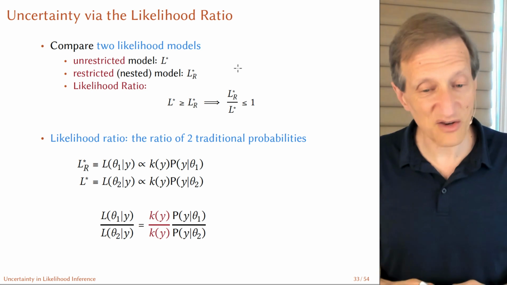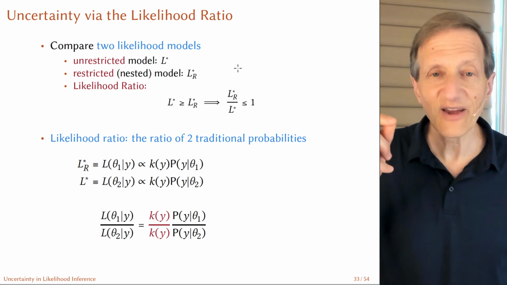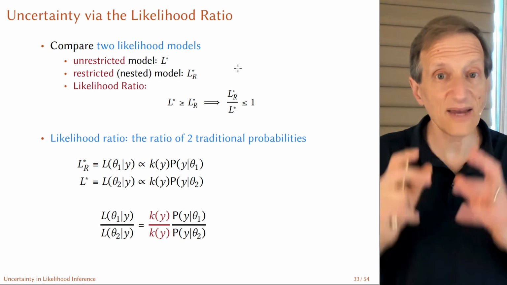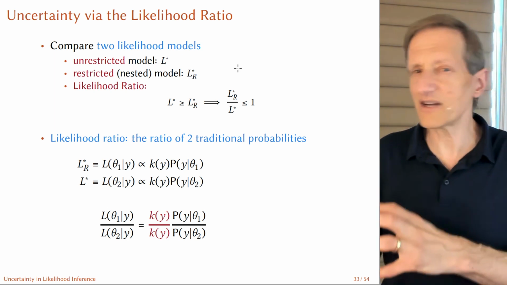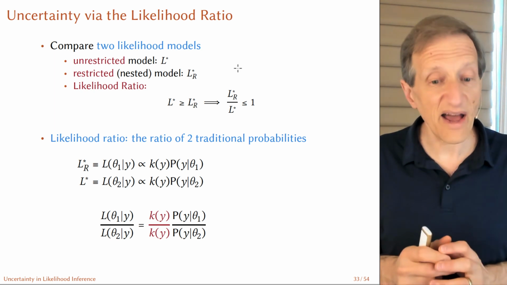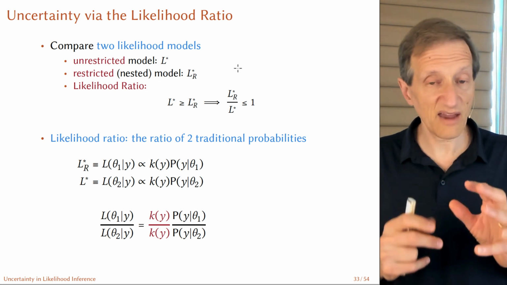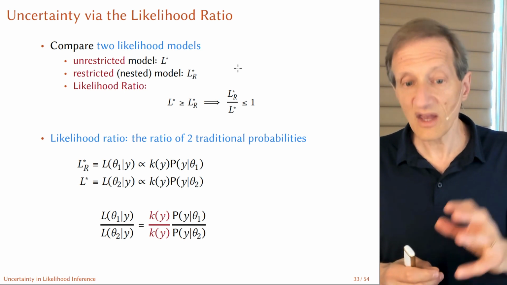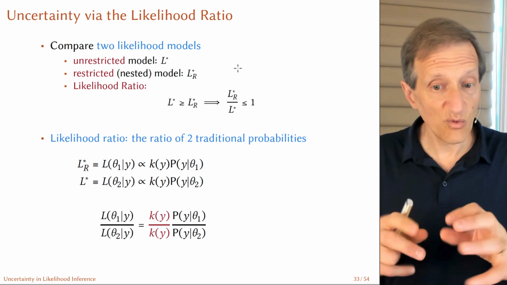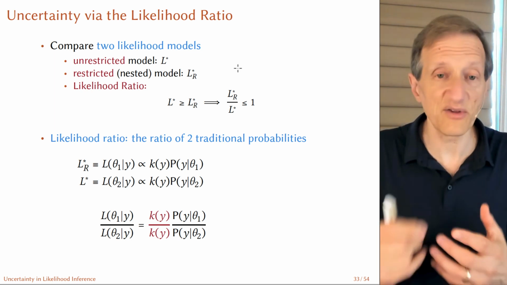the two definitions. The interesting thing about the two definitions is that since they are based on the same data set, we're only changing the model, not the data set. K of y is the same in both, right? Because k of y is an unknown function of the data with the true value, theta, set at a particular value.